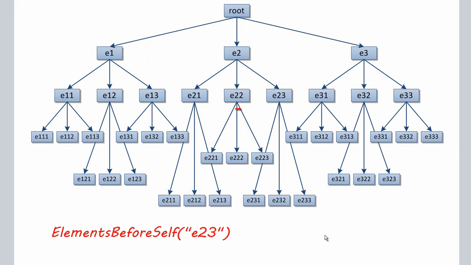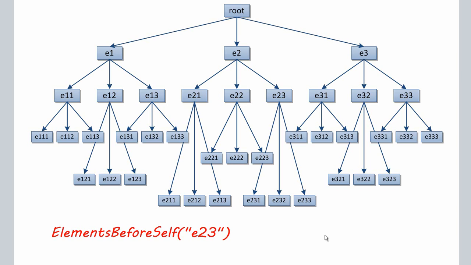So it'll be E21 first and E22 next. And the reason for this is that the LINQ to XML API internally uses a singly linked list. There is a link from E21 to E22, but there is no link from E22 back to E21 in the .NET implementation of LINQ to XML.